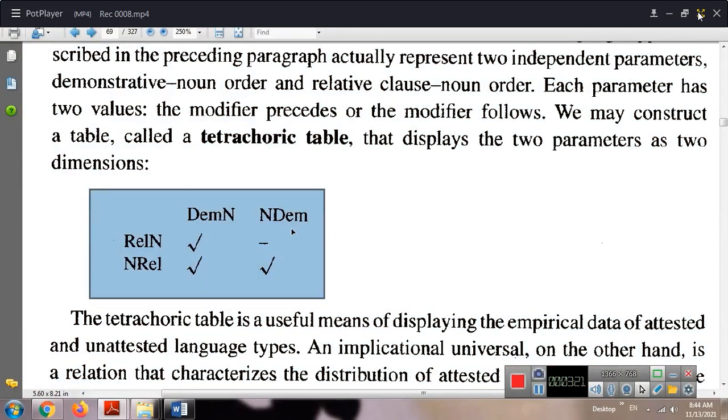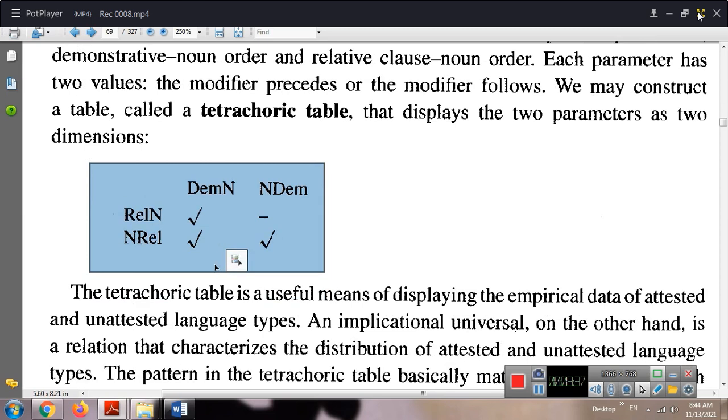We have two independent parameters, relative clause-noun order and demonstrative-noun order, and in this table we show their dependency, and through that we will define some other terms.